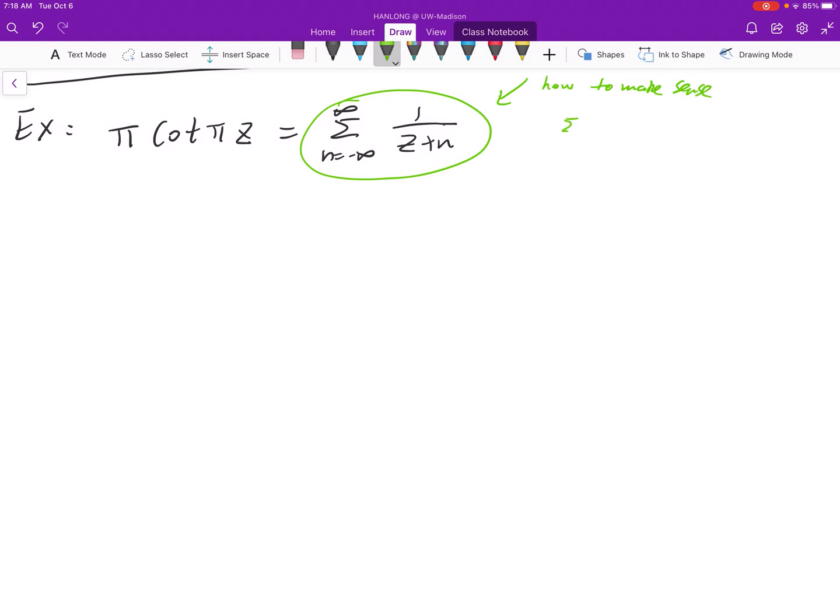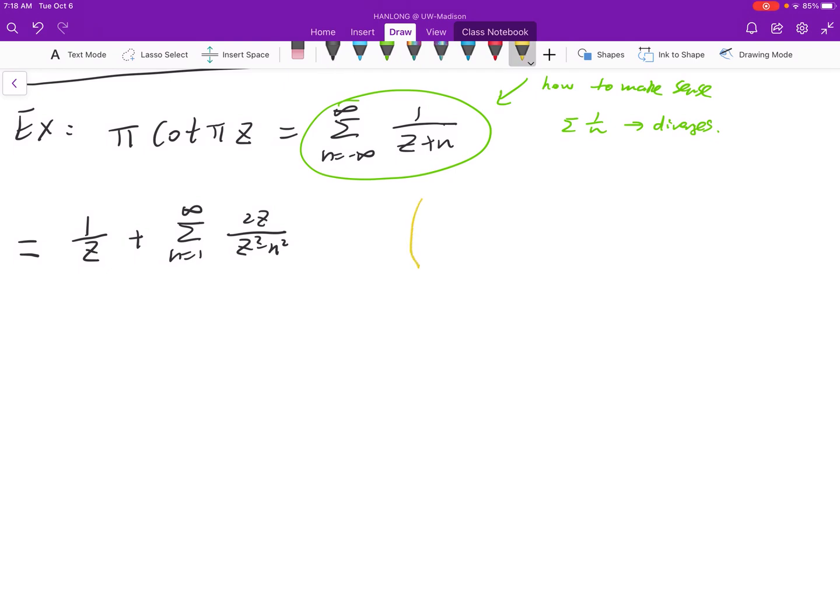Because otherwise you might have the 1 over n sequence. This diverges. Okay, so first step, we will write this as this sum. Think about what we said before, just mention a little bit.